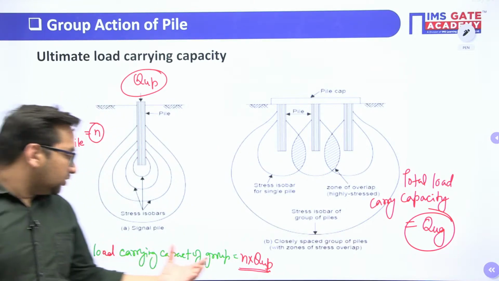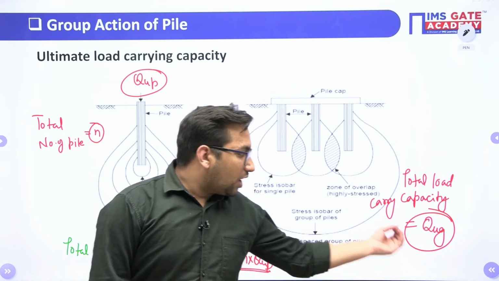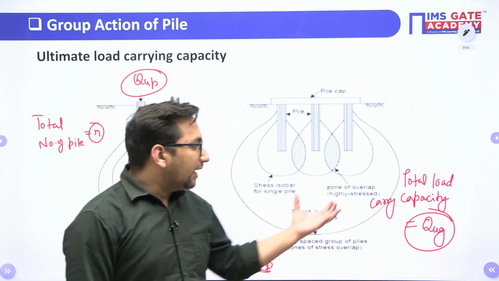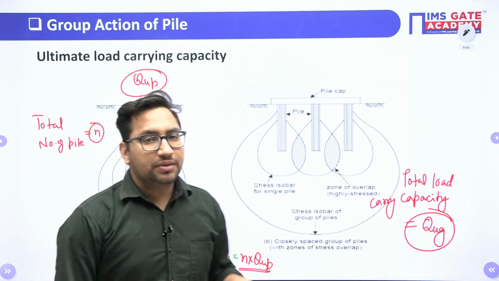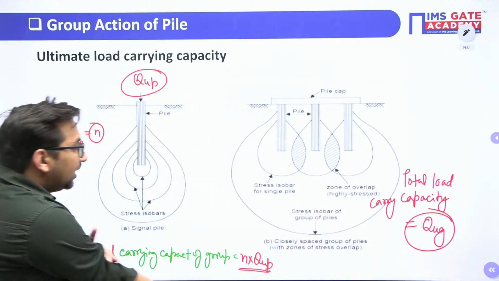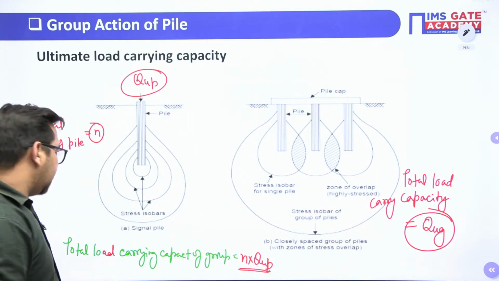So this is also the load carrying capacity of the group. Out of this, which value do you have to take as the load carrying capacity of this complete group? It will be the minimum value of these two, right?